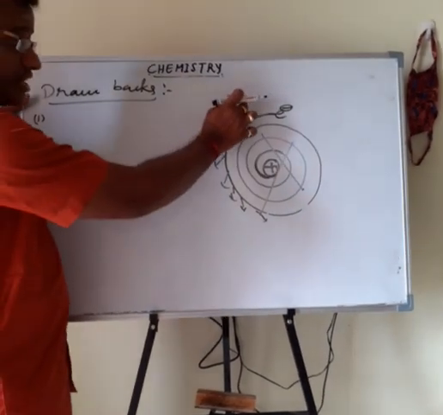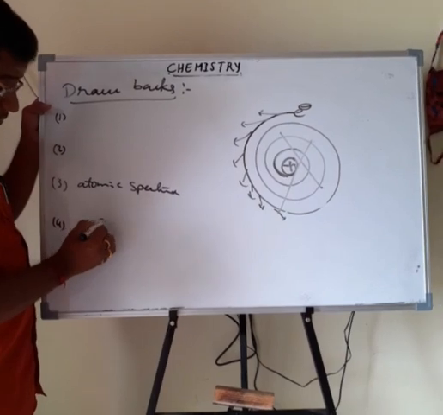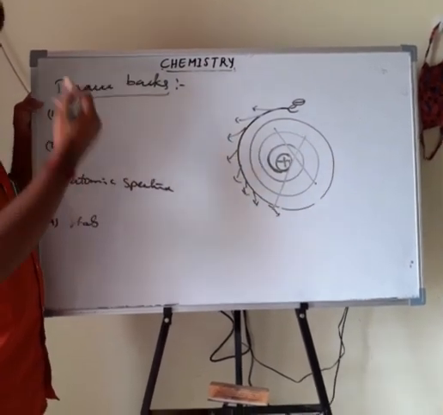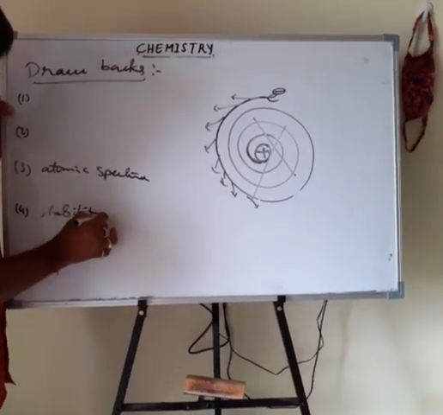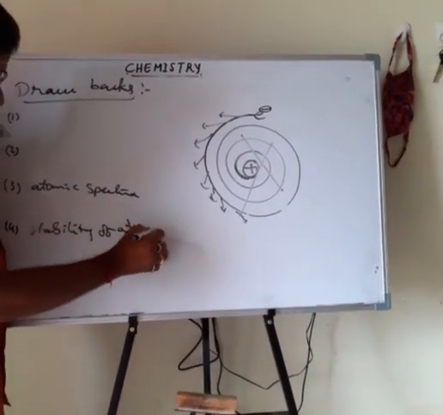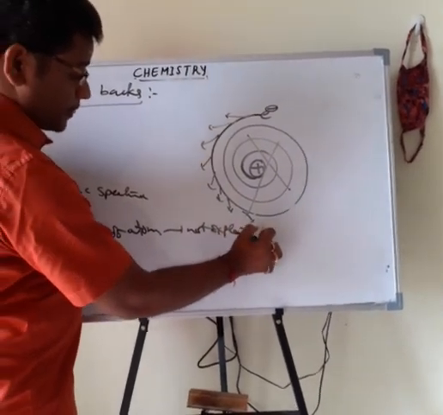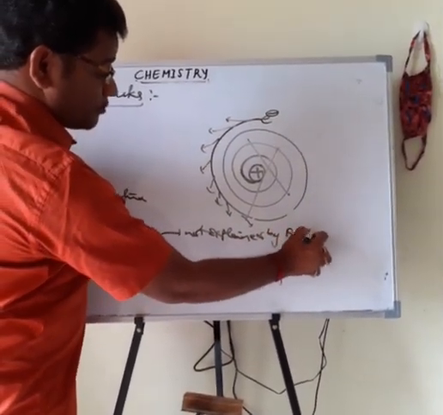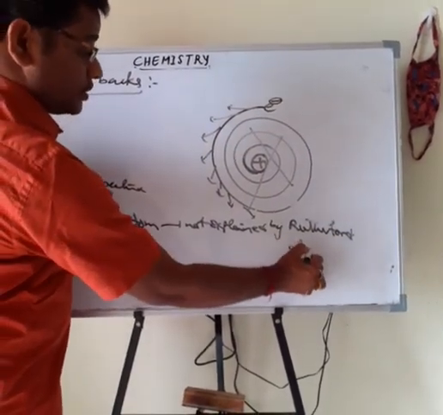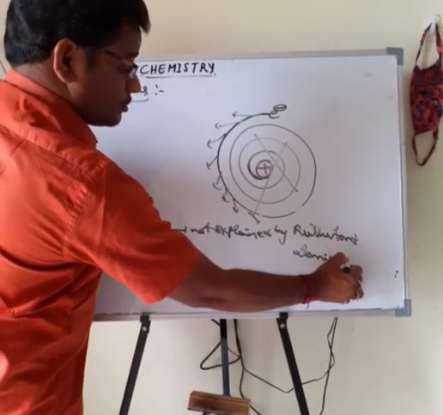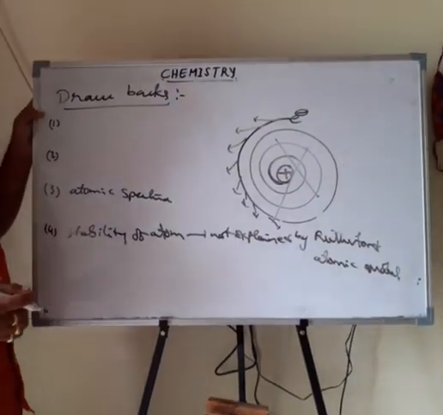According to the theory the atom should collapse, but the atom is stable. So how the atom gets stability is not explained by the Rutherford atomic model. That's why the fourth drawback is that the stability of the atom is not explained by the Rutherford atomic model. So these four are important drawbacks of the Rutherford atomic model.